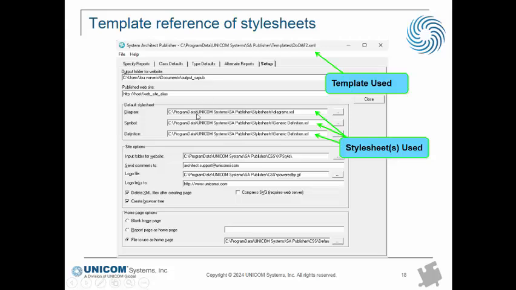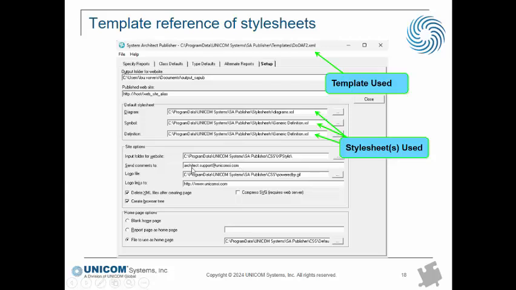And in here, you can specify default style sheets. We're going to take a look at that in a little bit, but they're all out in the program data, Unicom Systems, SA Publisher directory, all of the SA Publisher stuff. And then you also have here, as SA Publisher runs, where it's going to grab its style sheets from.